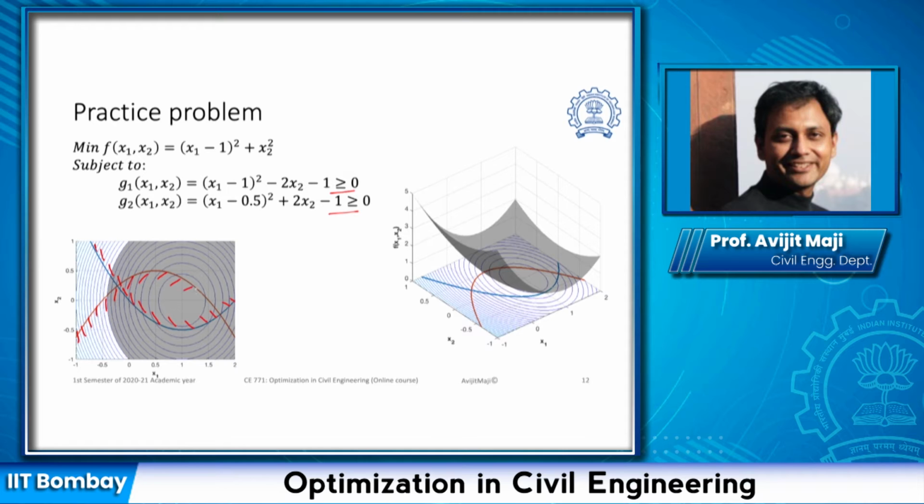So this enclosed part, which was earlier feasible, now becomes infeasible. And if we try to identify the feasible region for both constraints, we are now seeing that this is my feasible region as well as this is my feasible region.